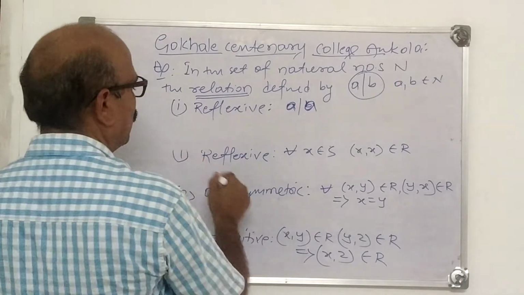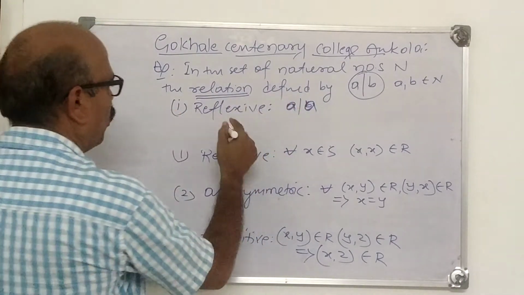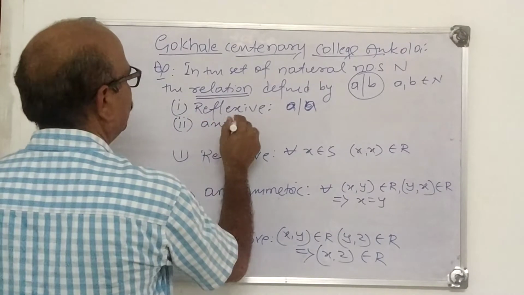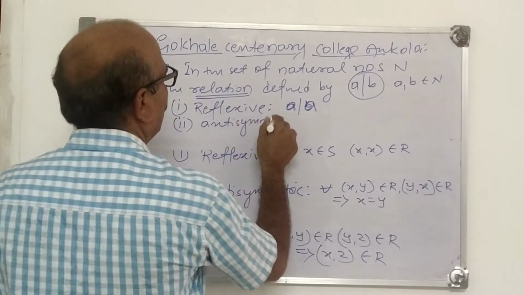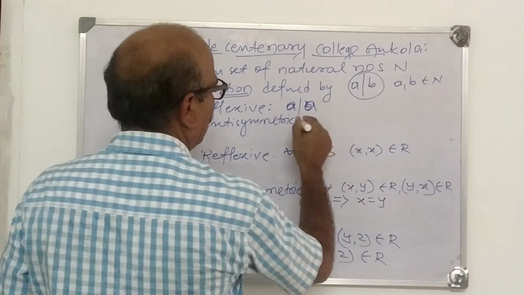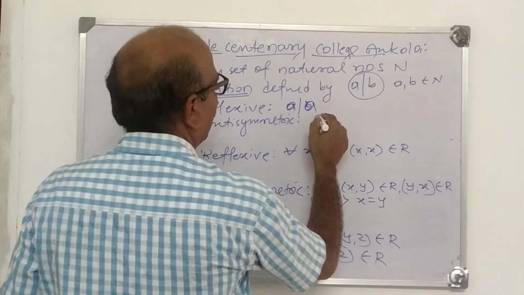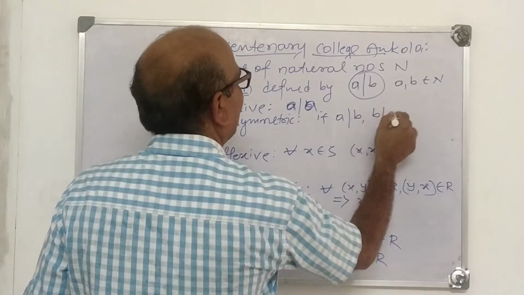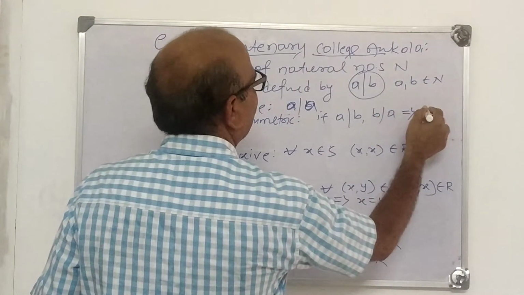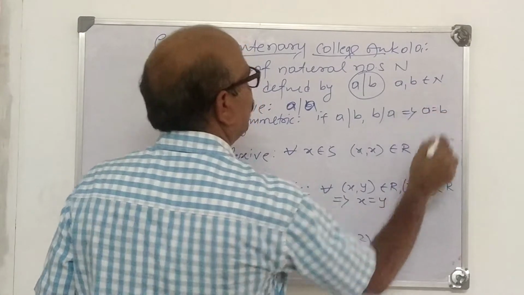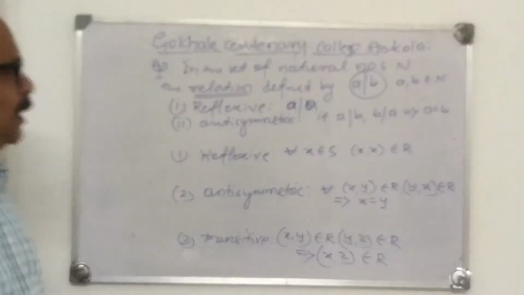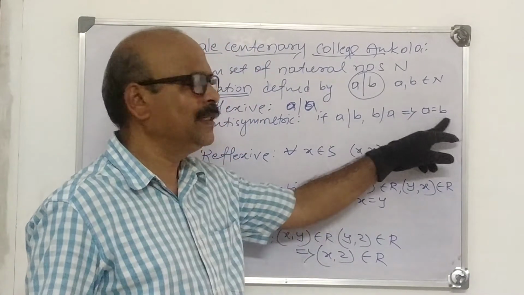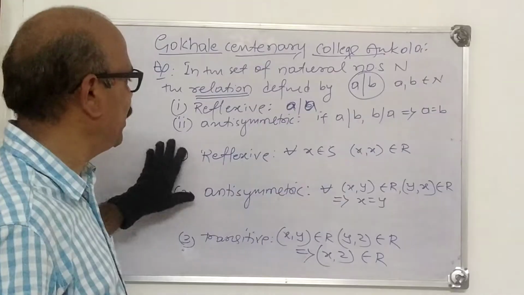Therefore it is reflexive. It is antisymmetric because if A divides B and B divides A, then this implies A is equal to B. So it is antisymmetric.